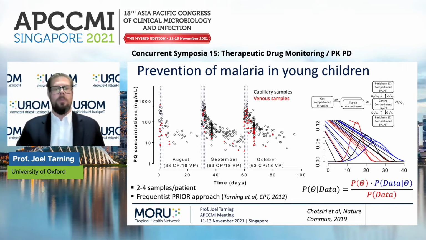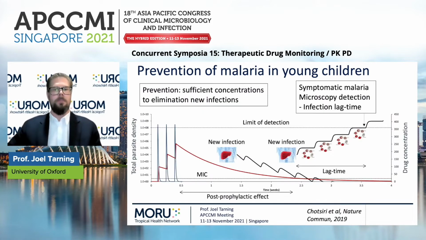So we used a prior approach by applying the developed model for the children in Burkina Faso that I showed earlier. And then we borrowed that information and fitted these data. And that allowed us to stabilize the PK model so that we can get good predictions for all of these children.